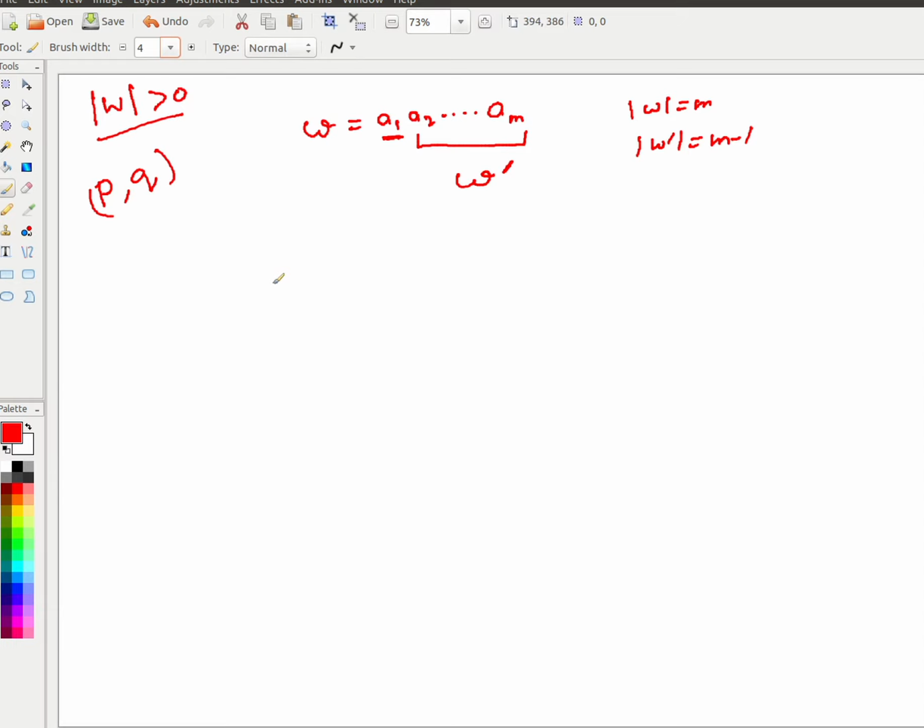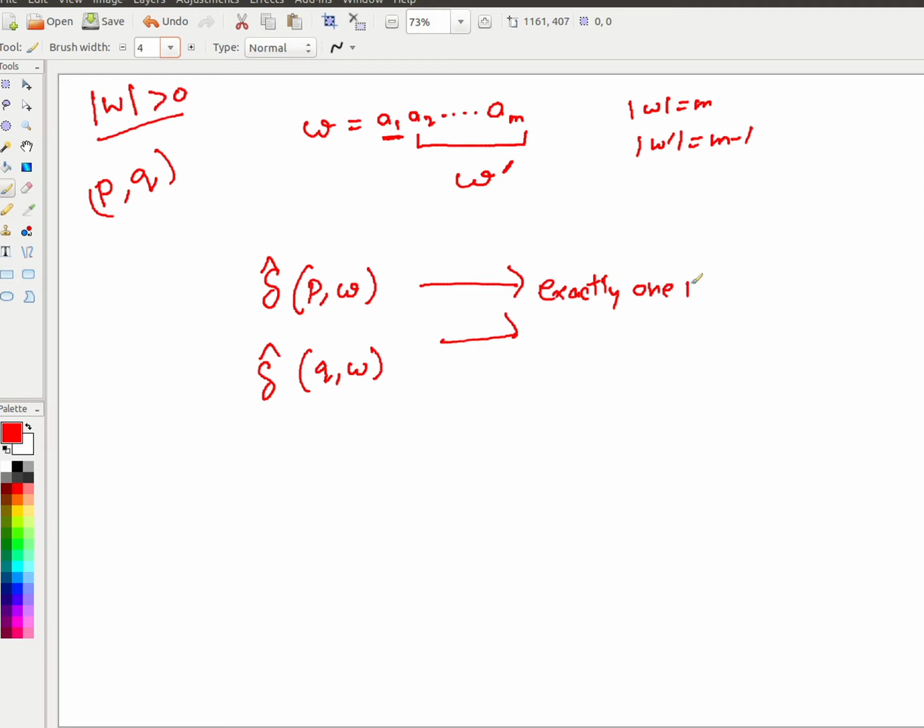What does it mean? That when you take delta cap of PW and delta cap of QW, exactly one is final.